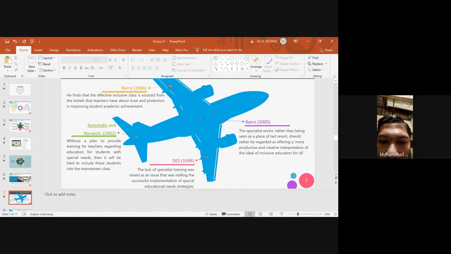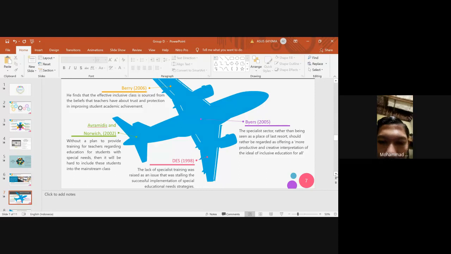The second is from Avramidis and Norwich, 2002. They said that without a plan to provide training for teachers regarding education for students with special needs, it will be hard to include these students into the mainstream class.